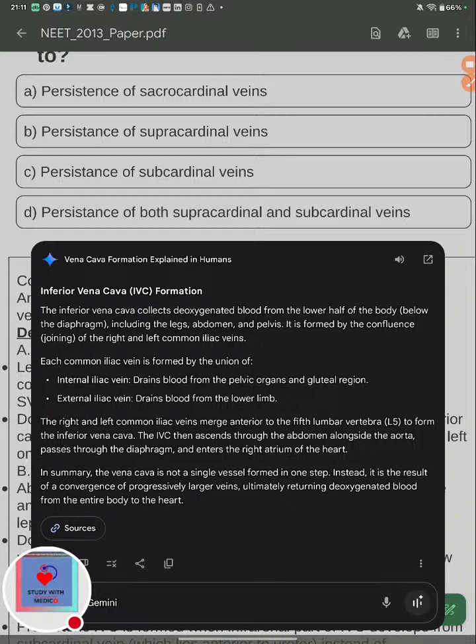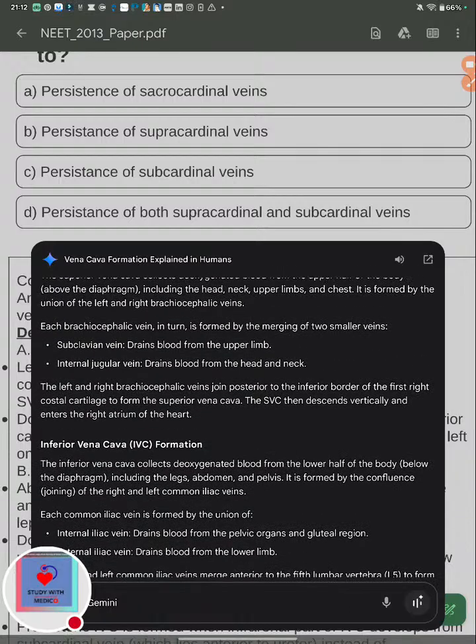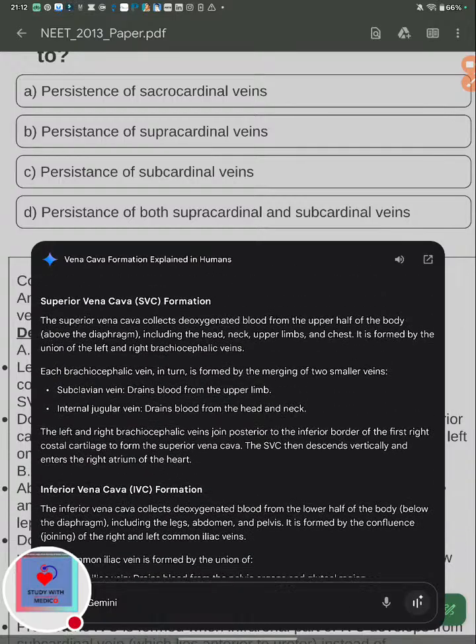So the vena cava is not a single vessel formed in one step, instead it is the result of convergence. The internal iliac vein and external iliac vein together will form the inferior vena cava.